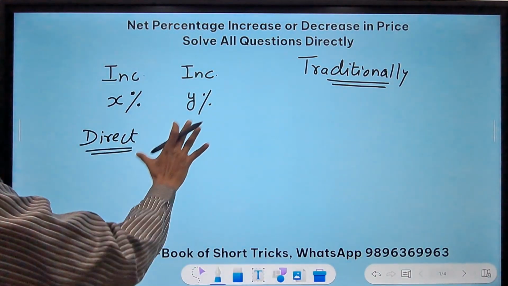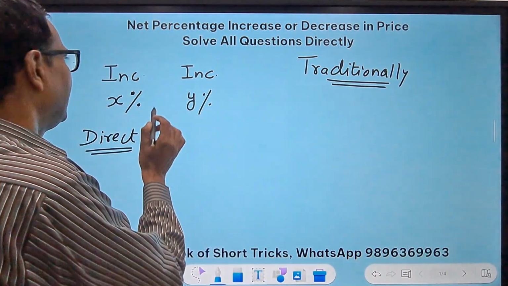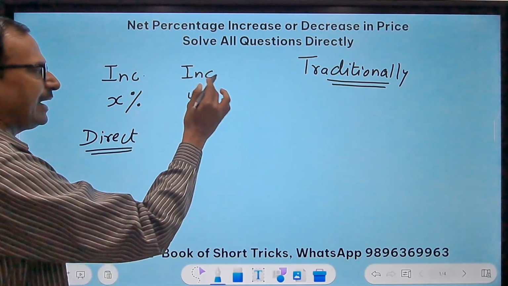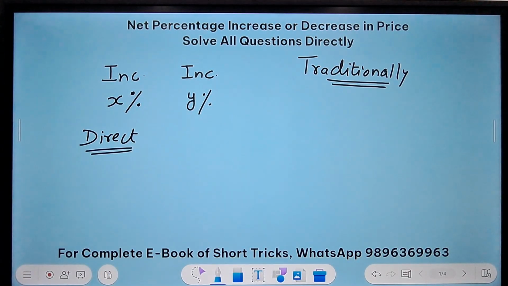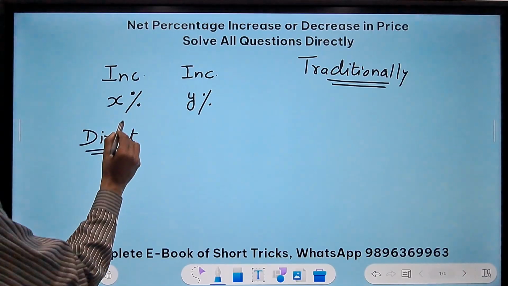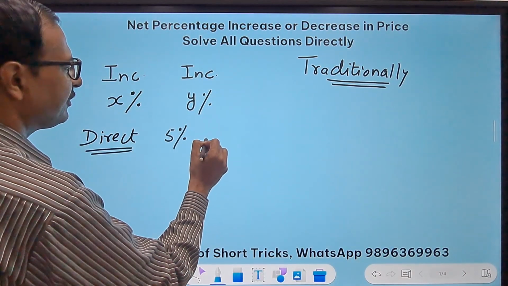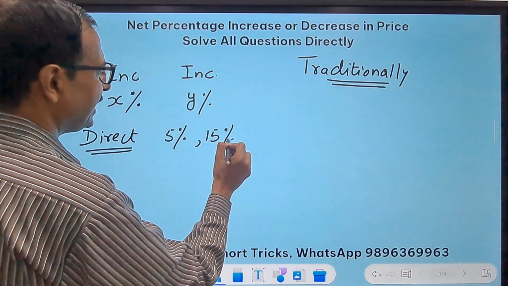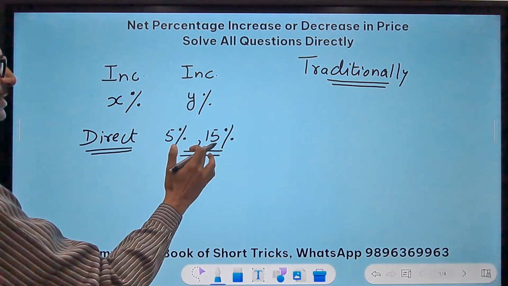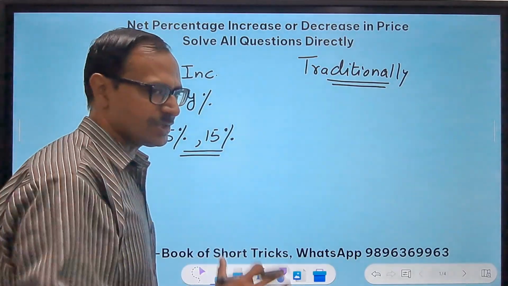So what am I going to do traditionally? See, X% increase and Y% increase. So let's take the example where we have say 5% increase first and then a 15% increase the second time. Okay, so these are the values given in the question.